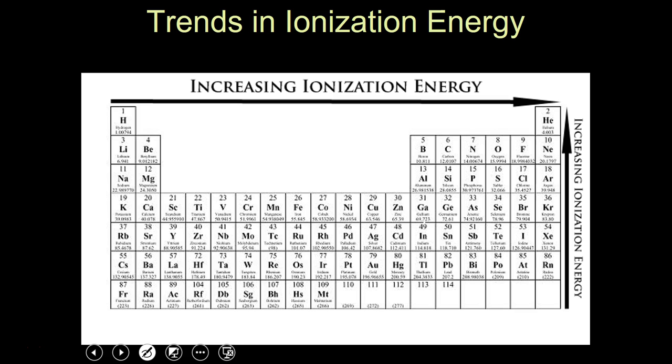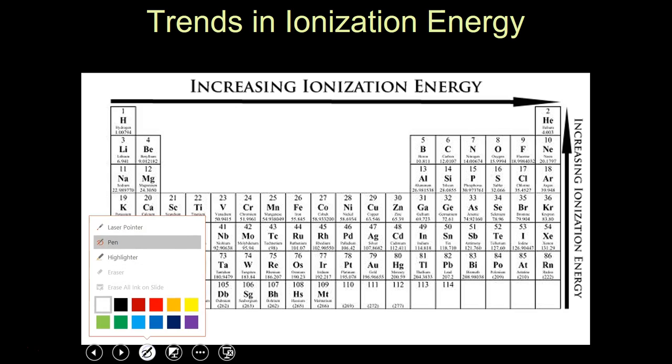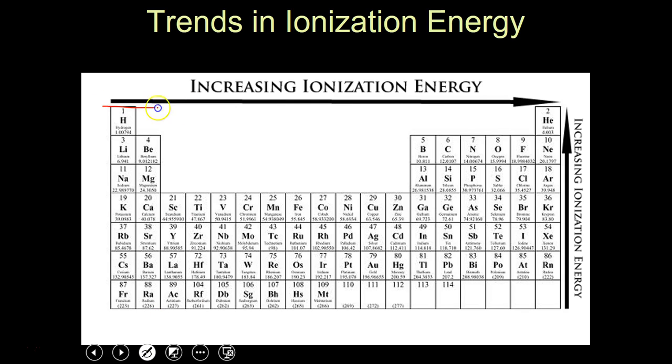So remember, kids, the more electrons, the easier it is to lose or gain them. The more the electrons, the lower the ionization energy in general. So let's look at that trend. So again, as you go right, it's going to take more energy to take away an electron.